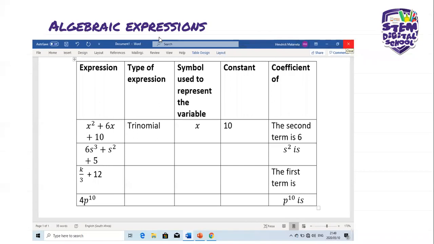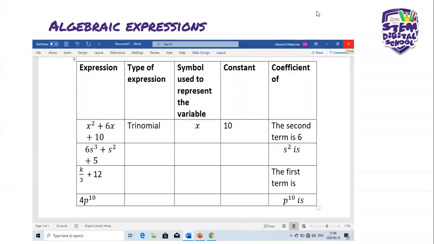Lynn, let's hear from you. What kind of an expression is this? Is this a monomial? Is this a binomial or a trinomial? Yes, Lynn? Please go ahead, Lynn. Yes, sir.